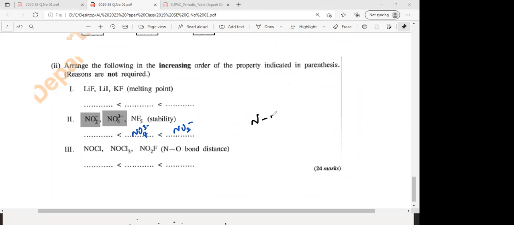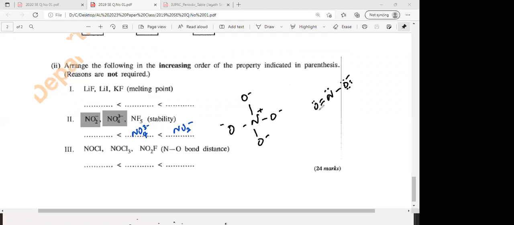NO4 3 minus. There's a positive formal charge on nitrogen. Look at the structure, Chaniti. NO2 minus is like this.